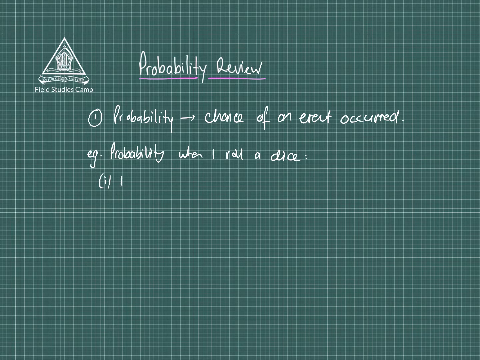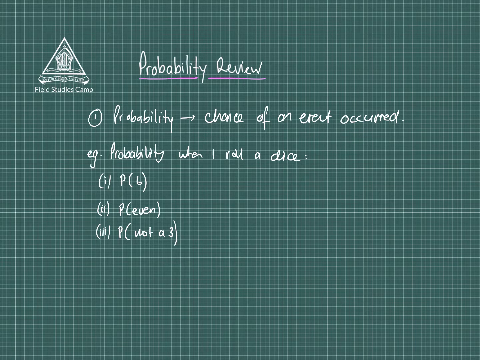For example, we might say the probability that I roll a 6, or the probability that I roll an even number. We might even say the probability of not a 3.